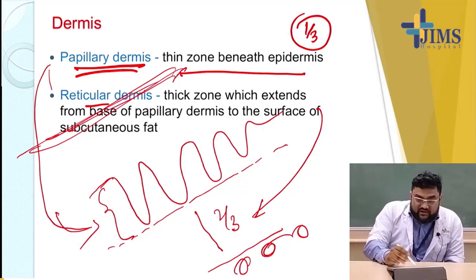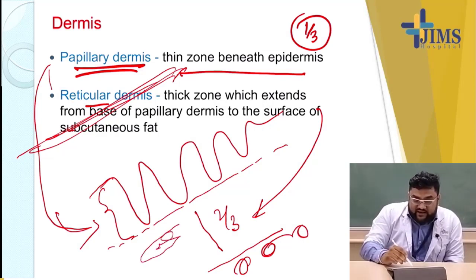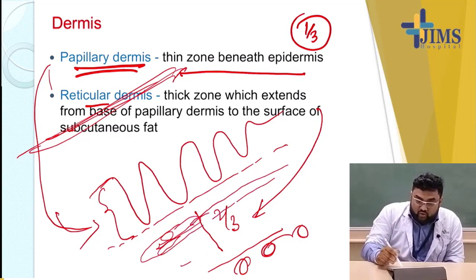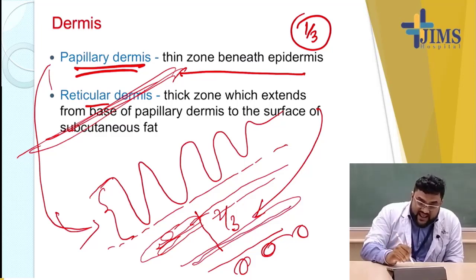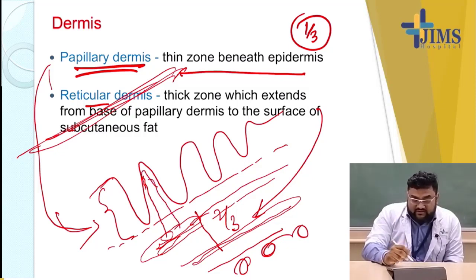In the reticular dermis, all the interconnecting blood vessels, the arteries and veins, are present. There are 2 layers of these interconnecting arteries and veins, and they give rise to arterioles, which go up, and capillaries, which go up to the papillary dermis and supply there, and then come down as other capillaries.